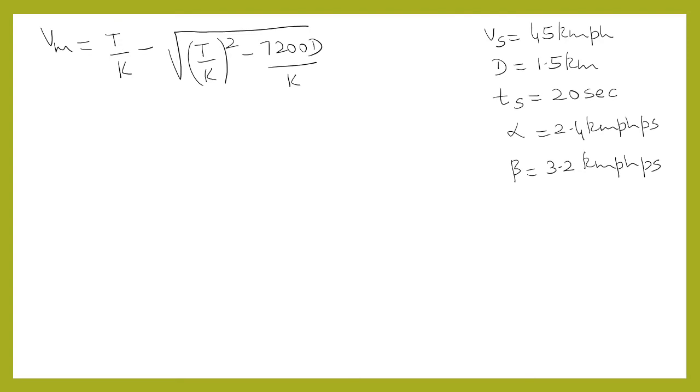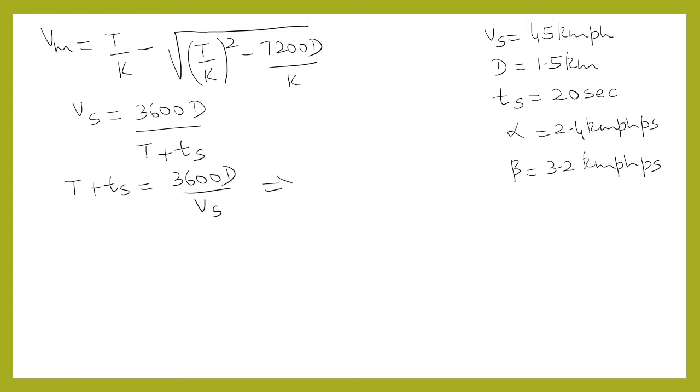So we have the schedule speed Vs equal to 3600 D by T plus Ts. From this equation we can find the actual time of run T. So T plus Ts is equal to 3600 D by Vs. So we get the value of T as 100 seconds.